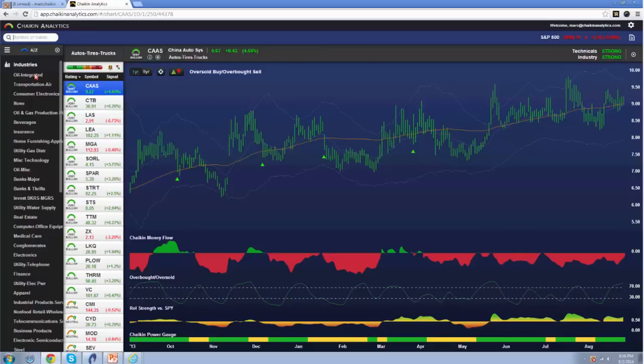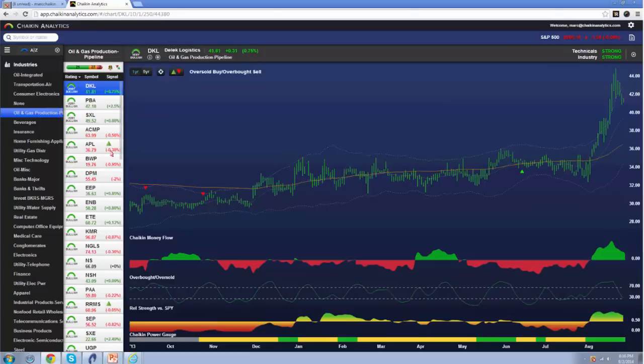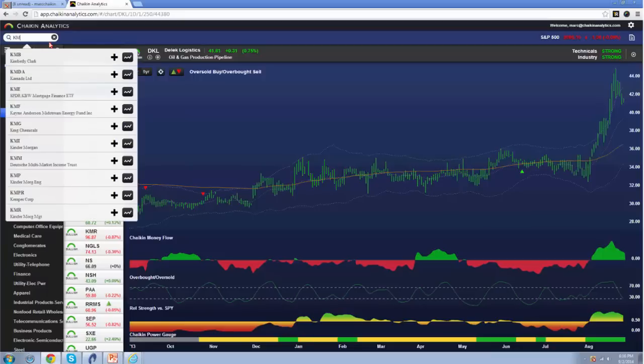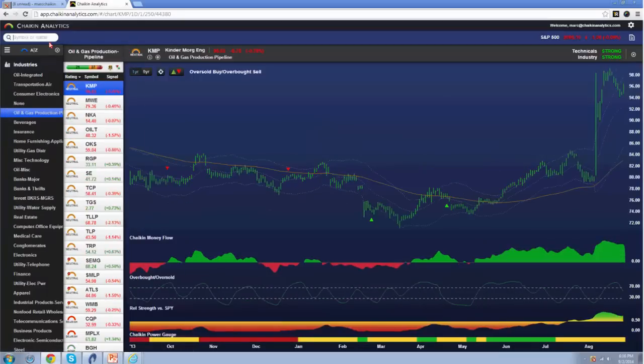So oil integrated, oil and gas production, I'll give you a hand-picked example. It was one of my bullish stocks of the week, and this has really been phenomenal because they got this wild takeover bid from the parent company. But Kinder Morgan, I wouldn't buy it now, but that's what Kinder Morgan looked like in July when we made it our bullish stock of the week.